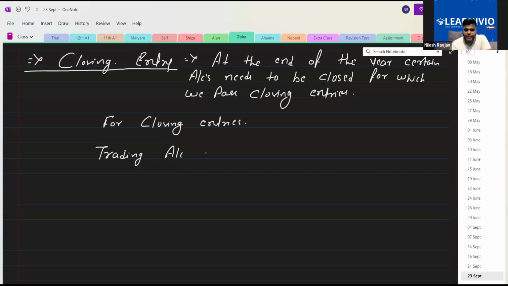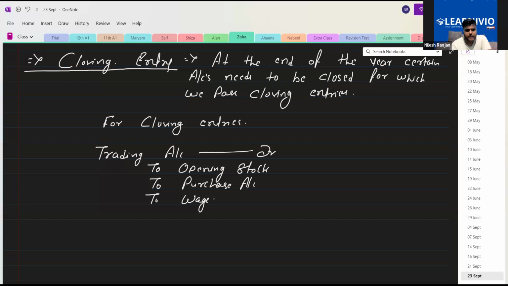So trading account debit to opening stock, to purchase, to wages, to carriage.